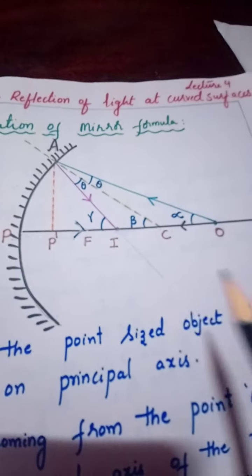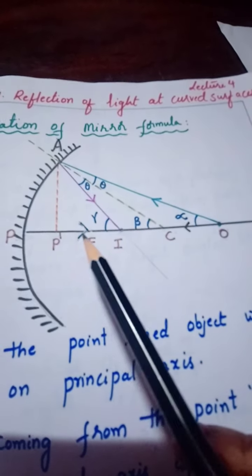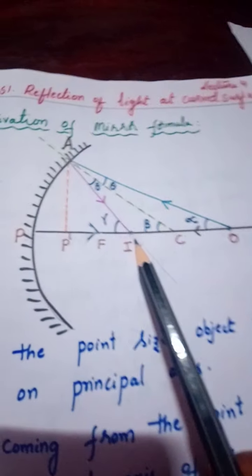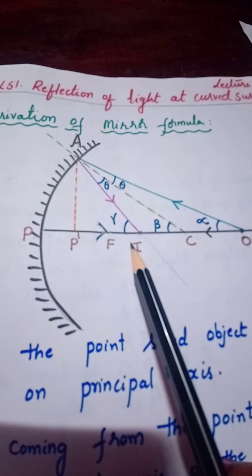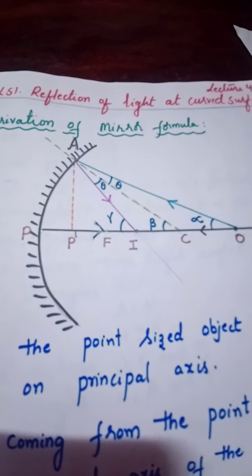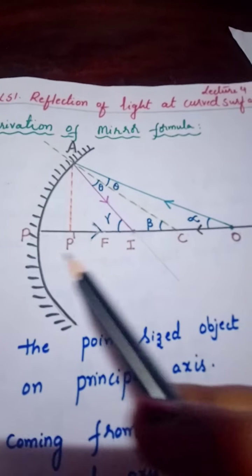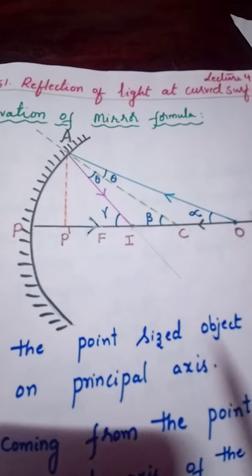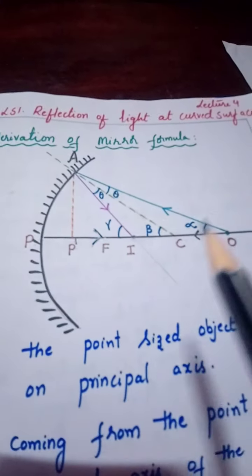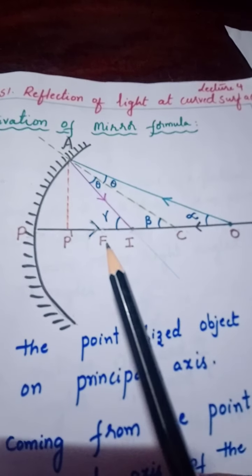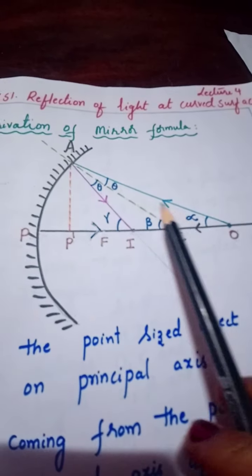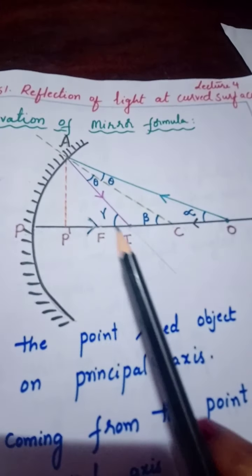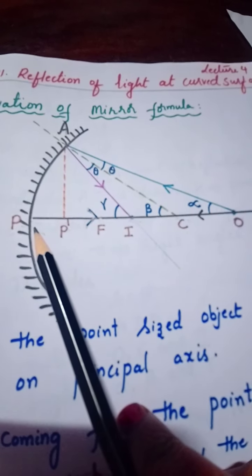Ray diagram is very important. Let us see what the image distance is. Image distance is the distance between the pole and the image, indicated as V. The distance between P and I is nothing but the image distance, indicated by the letter V. Can you tell me what the sign convention for this is? The incident ray is going like this, and to measure this image distance we need to measure from the pole, according to the first law of sign convention.